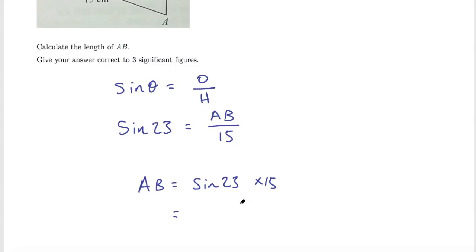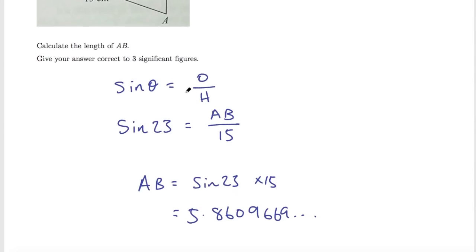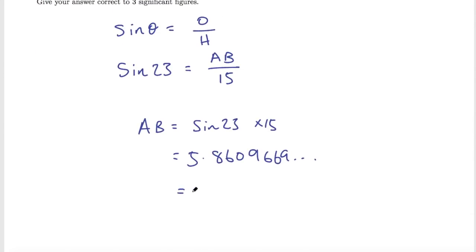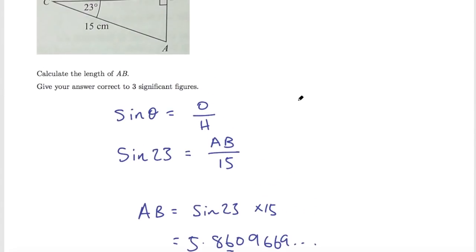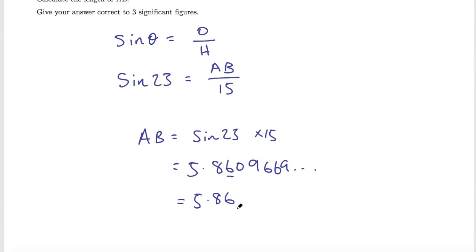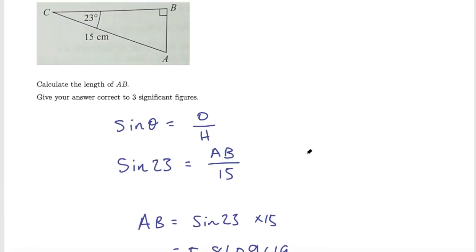If you put that into your calculator, you get 5.860969, and it's saying to 3 significant figures, so that's going to be 5.86. Always check the unit, so that's centimeters, so this is going to be 5.86 centimeters, and that's your final answer for that question.